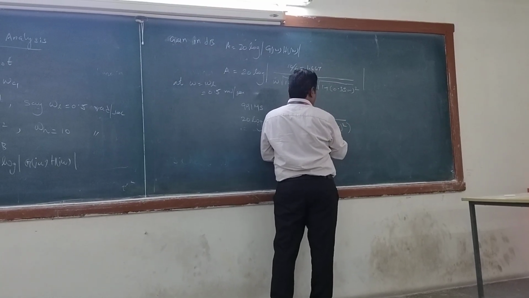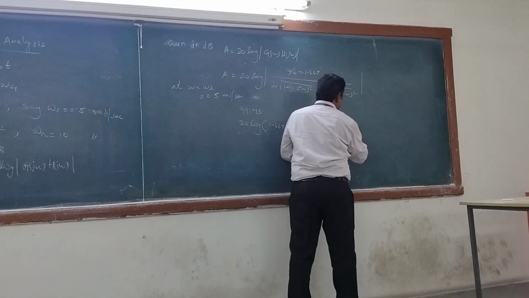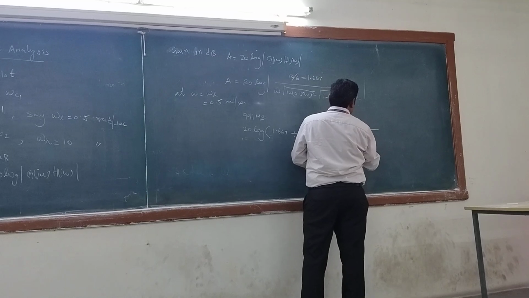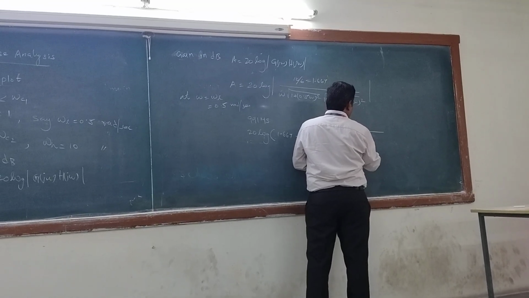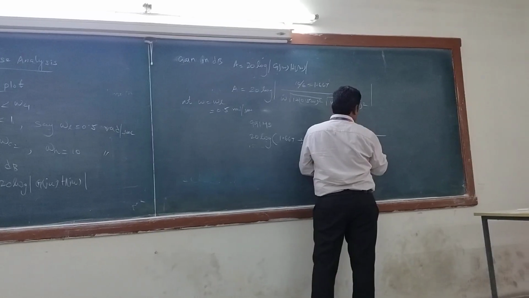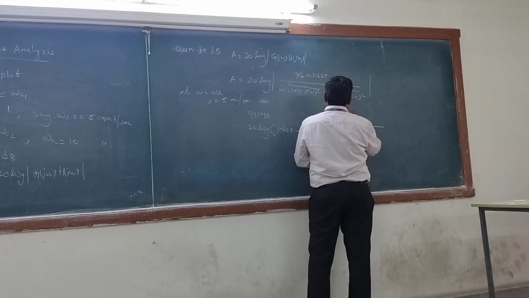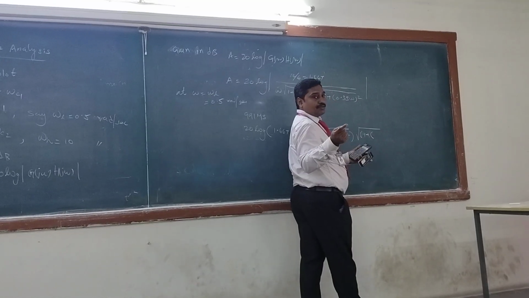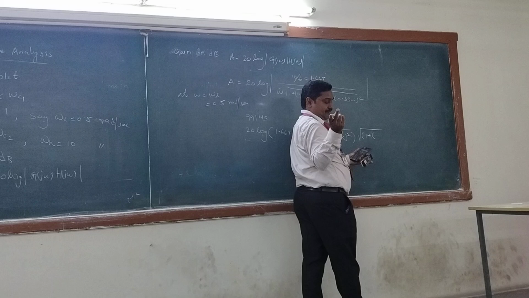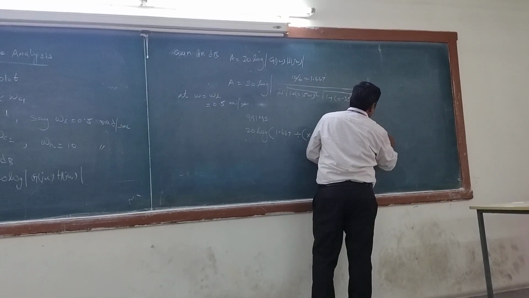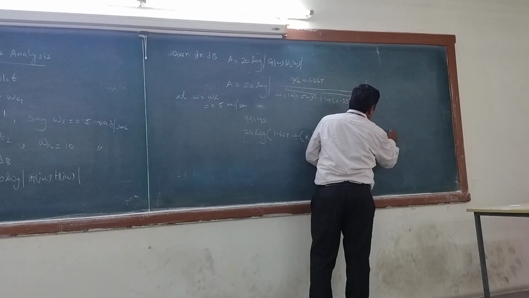After typing this square root, immediately open bracket, 1 plus 0.33 X whole square.